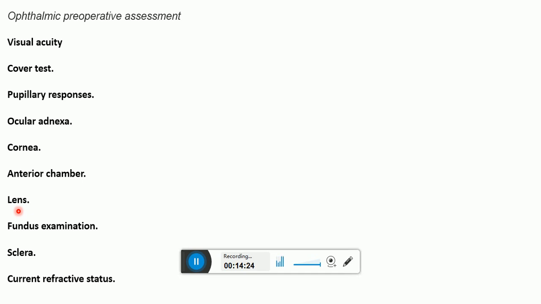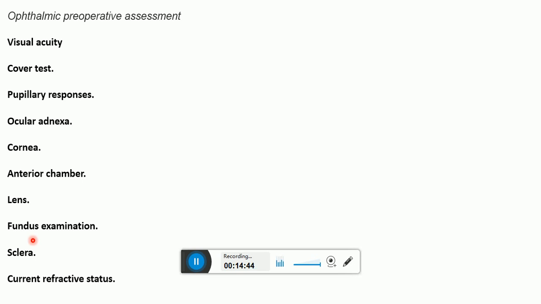Pseudoexfoliation indicates a likelihood of weak zonules. For example, phacodonesis, lens wobble may be present, fragile capsule, and poor mydriasis. Another important point is fundus examination.